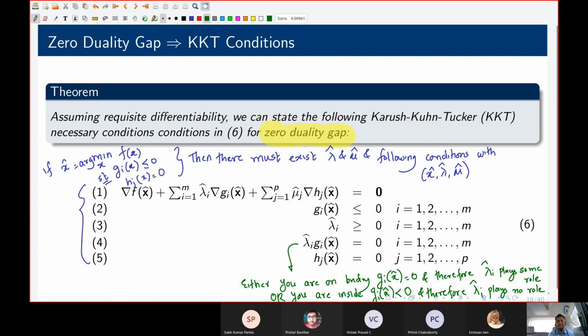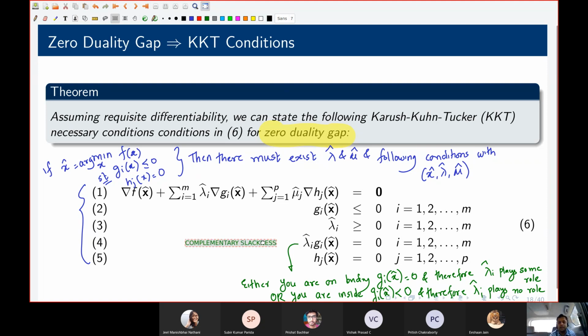This is often called the complementary slackness condition. The rest are just feasibility.